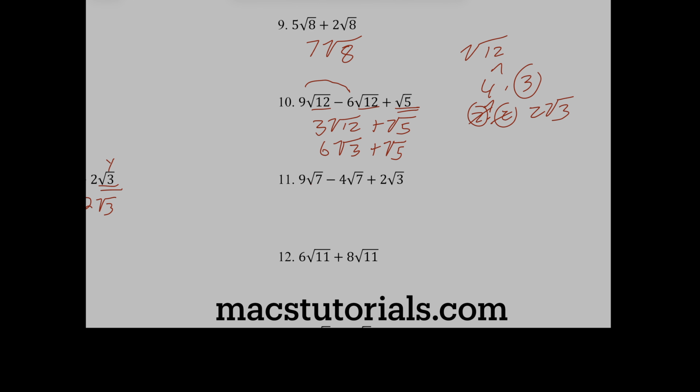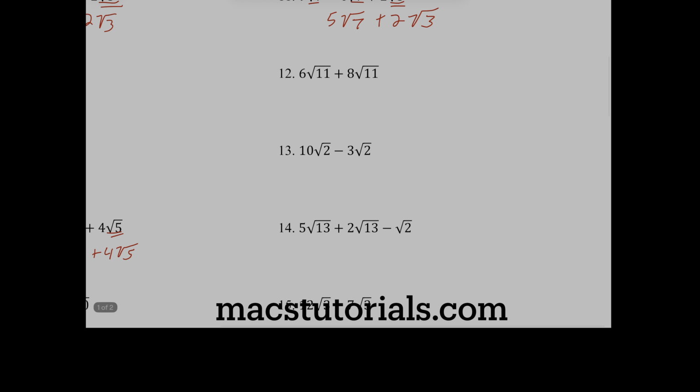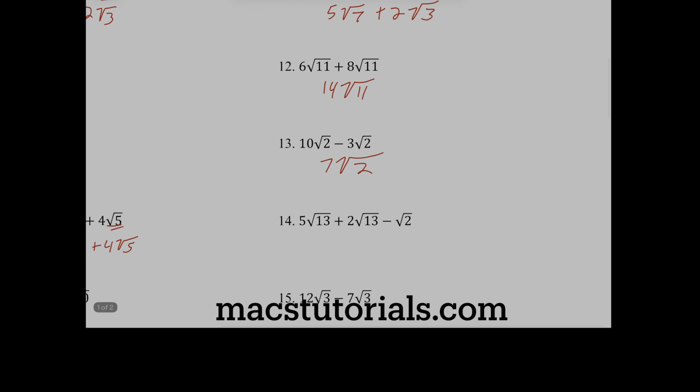Let's go on to number 11. These are the same, and that one's different. So I'm going to get 5 radical 7 plus 2 radical 3. Number 12, I'm going to add the numbers, and I'm going to copy the radical. Okay, number 13, I'm going to do the numbers, and I'm going to copy the radical.